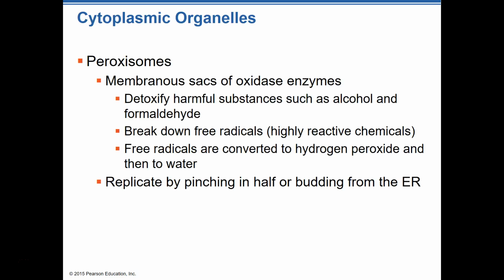So they're another one of those protective measures inside of the cell that keep the cell from being damaged by the things that are inside of it, or even some of the waste products that are created by the cellular production of the other things that the cells create. Basically, and what's interesting is they replicate just by pinching in half, or attaching to the endoplasmic reticulum, and just create more.